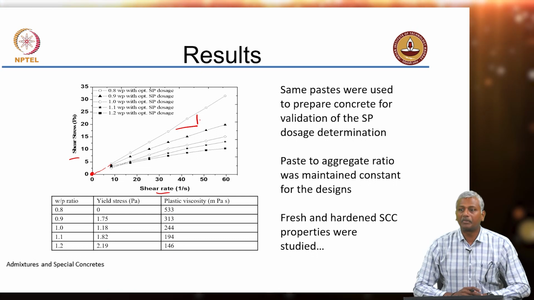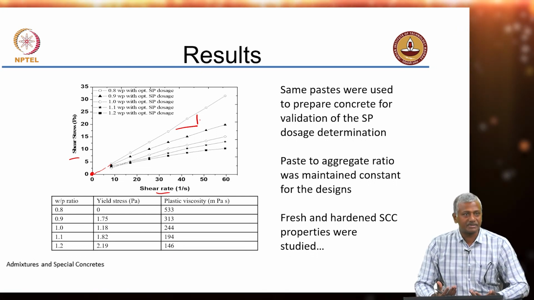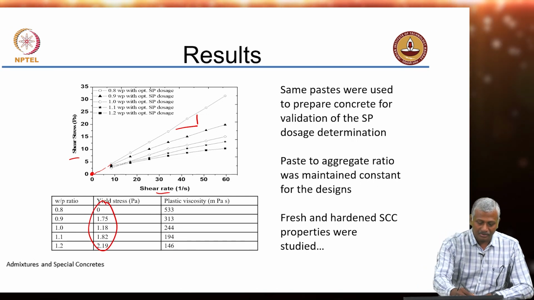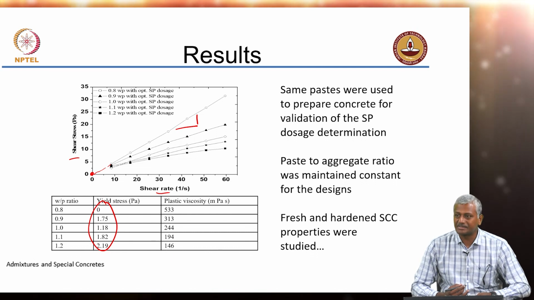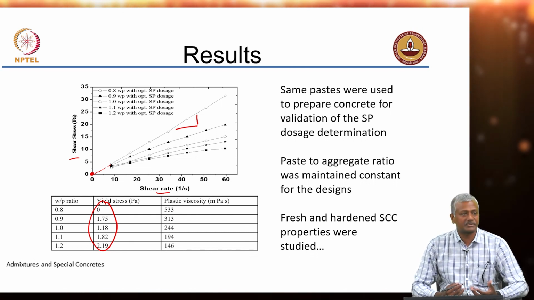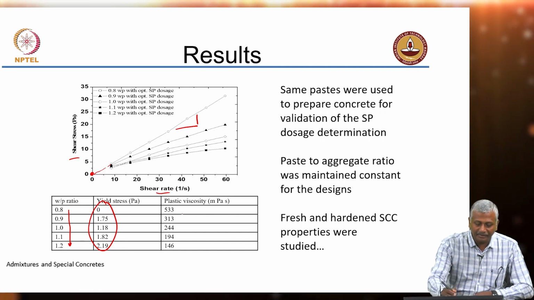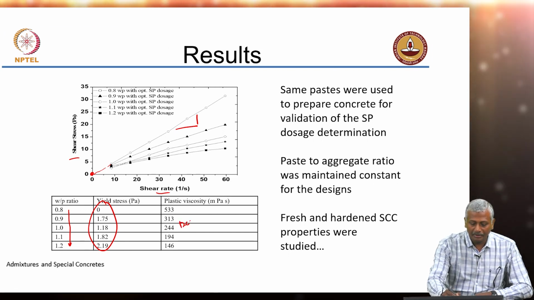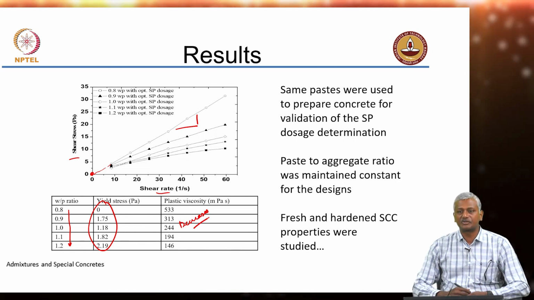Now, these are all self-compactable concretes. So, yield stress as you can see is close to 0, within about 2 pascals, very small, negligible yield stress. But plastic viscosity, as the water powder ratio is increasing, the plastic viscosity decreases. More water, less viscosity in your system.